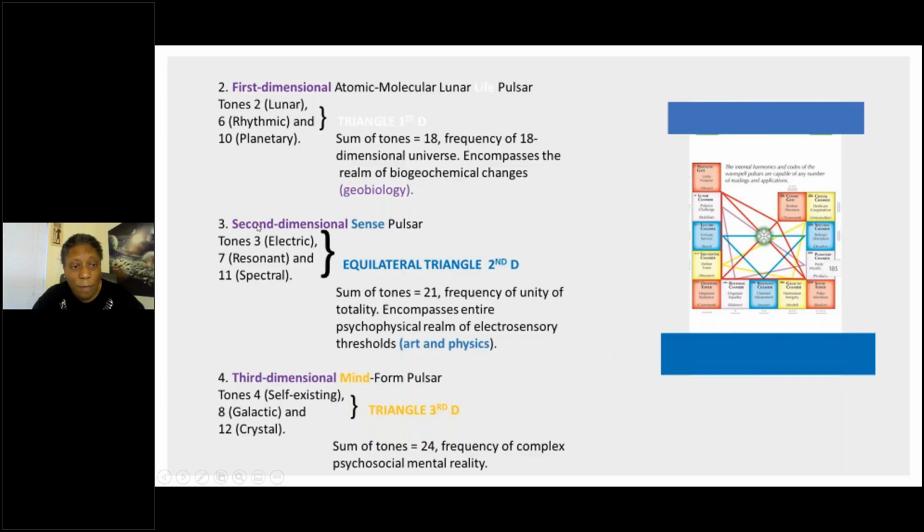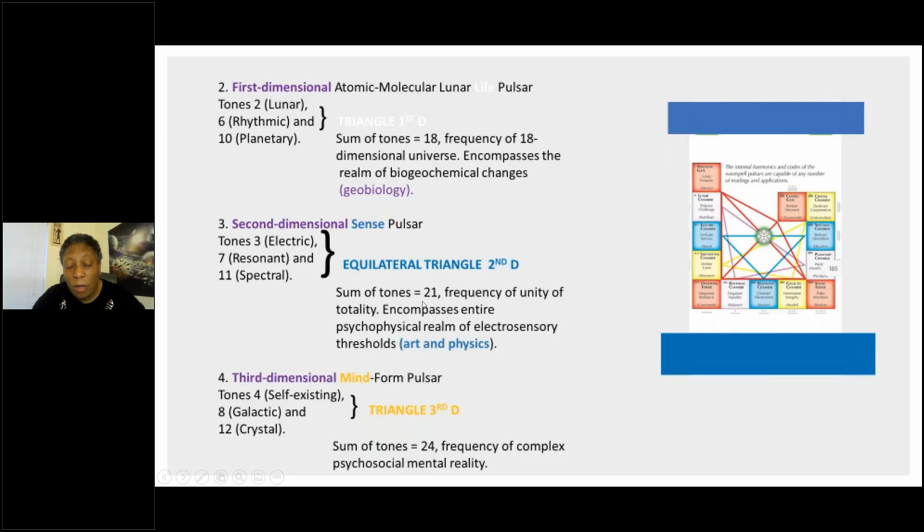We go to 2nd dimensional sense pulsar. Remember, red, white, now we're at blue, we're in the senses, and we can see that on the graph over there. Those sense dimensions, the pulsar, are going to be tone 3, electric, tone 7, resonant, and tone 11, spectral. All 3 of them are going to form the equilateral triangle for the 2nd dimension.